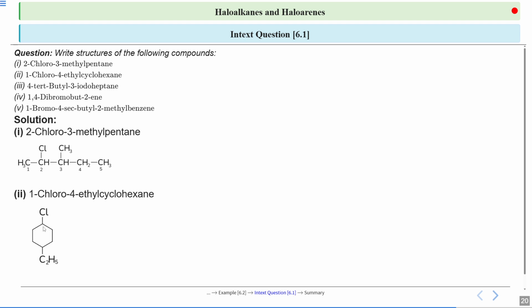Then at the first position you put chlorine, and whatever you have considered the first carbon, relative to that at the fourth carbon, like if you consider this as first, so second, third, fourth, this will be the fourth. So at the fourth carbon put the ethyl substituent C2H5 and you get your structure of 1-chloro-4-ethyl cyclohexane.